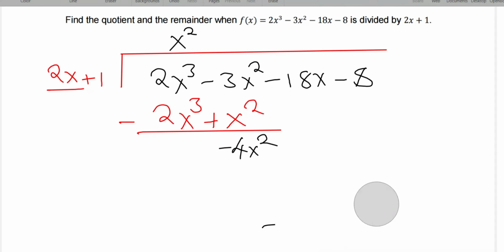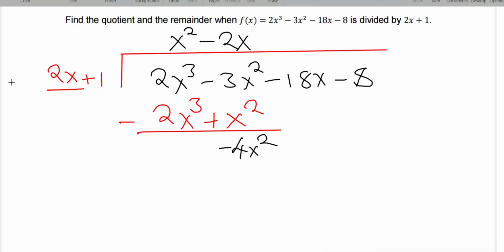Now we have to divide this again by the 2x. Minus 4x squared divided by 2x: the 2 into the 4 gives us 2, there's a negative there, so that would be minus 2, and the x into the x squared leaves 1x. So that will be minus 2x.